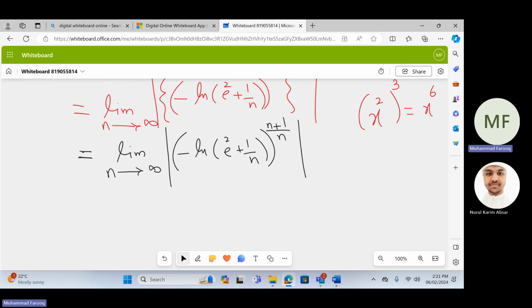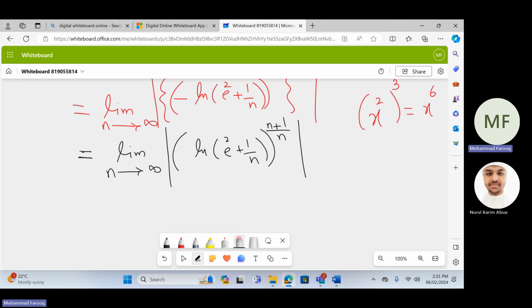Actually, you can immediately remove the negative sign because it has the absolute value.